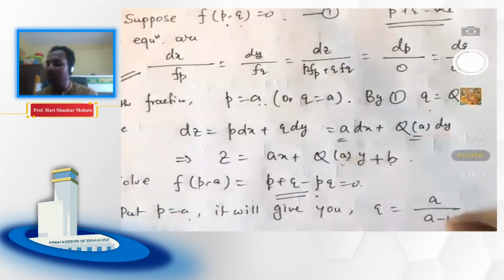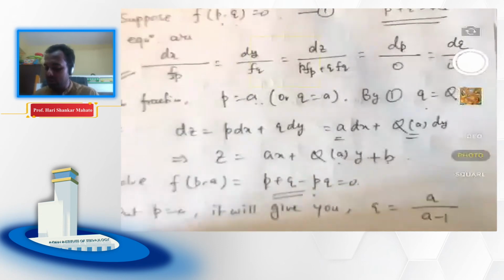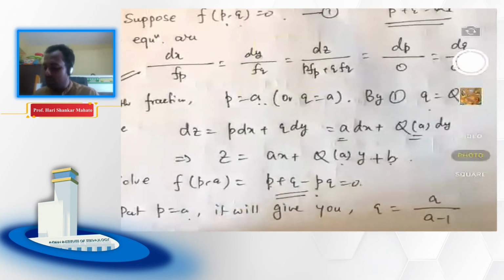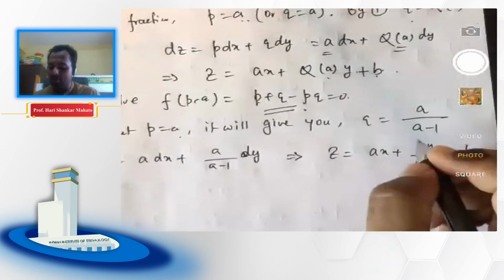See, that is our capital Q of a. And therefore, dz equals to p dx, that means a dx, plus q dy, that means a by a minus 1 dy. And therefore, once you integrate, it will become z equals to ax plus ay by a minus 1 plus some constant b. This is your required complete integral where a and b are arbitrary constants.